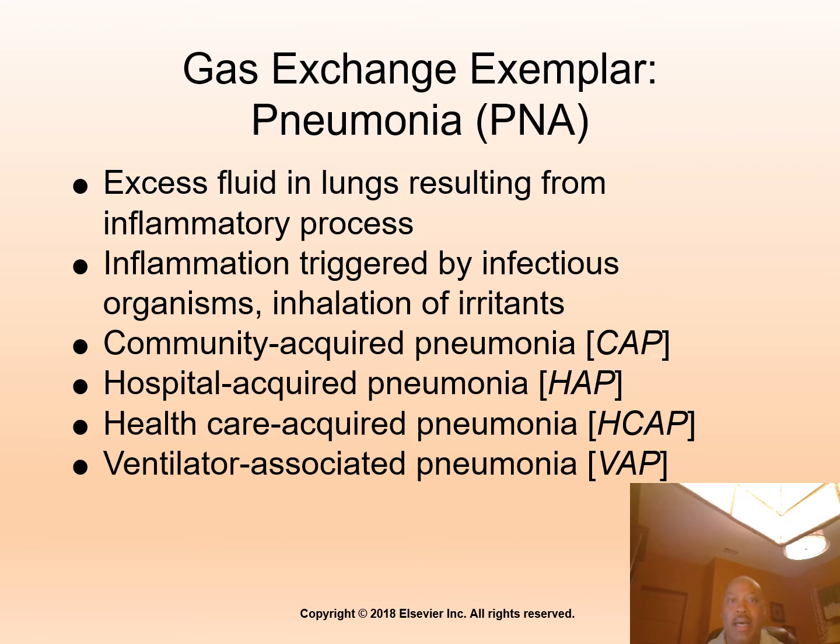Now, as far as the etiology, I want you to read table 31-1 on page 599. And this just talks about some risk factors for pneumonia, for CAP as well as HCAP types of pneumonia. Now, when the immune system isn't strong enough, the invading organism takes over, resulting in pneumonia.